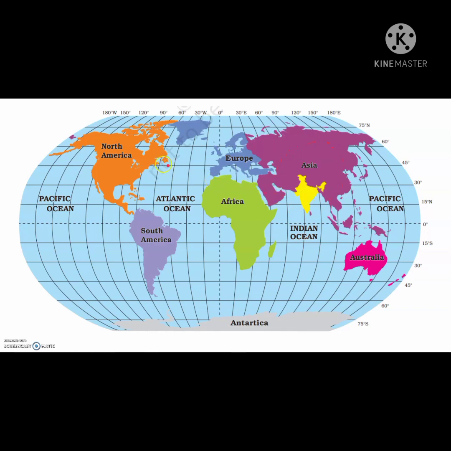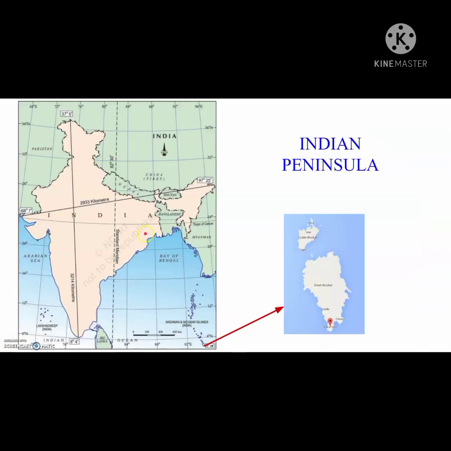The globe has horizontal lines known as latitudes and vertical lines known as longitudes. These are imaginary lines used to locate any place on the map. So, we can say that all countries lie between two latitudes and two longitudes.